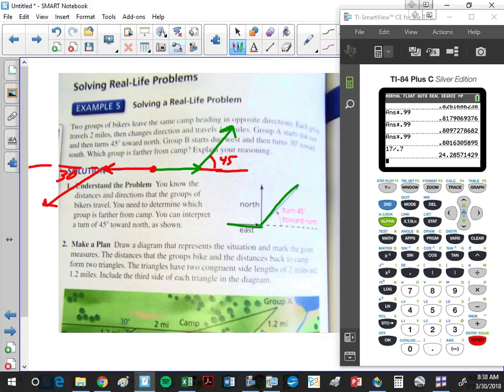Now we want to know who is further from camp. Okay? So we know that this is 2 miles and this is 2 miles. What else do we know? Then this is, what was the number on that? 1.2? 1.2. So this is 1.2 and this is 1.2.